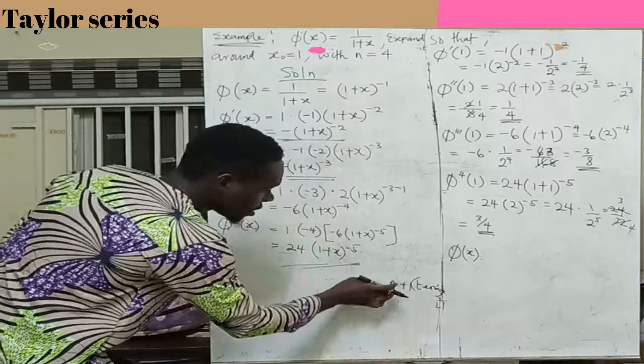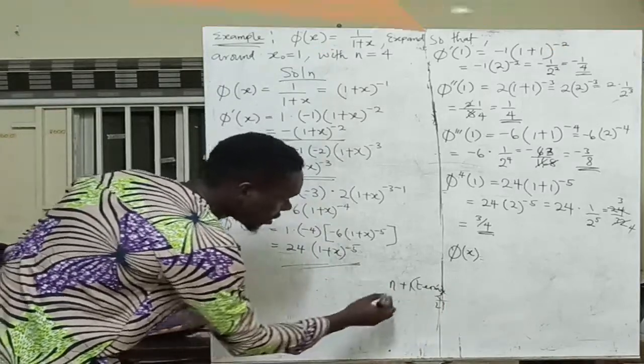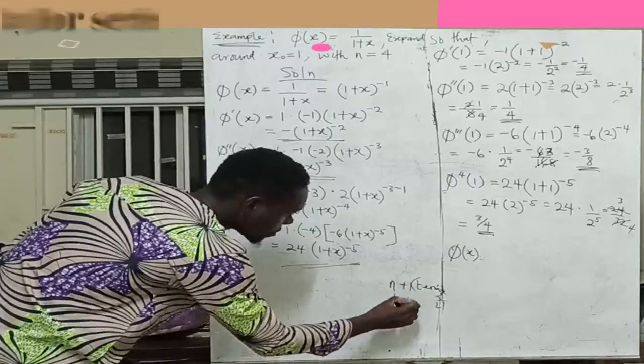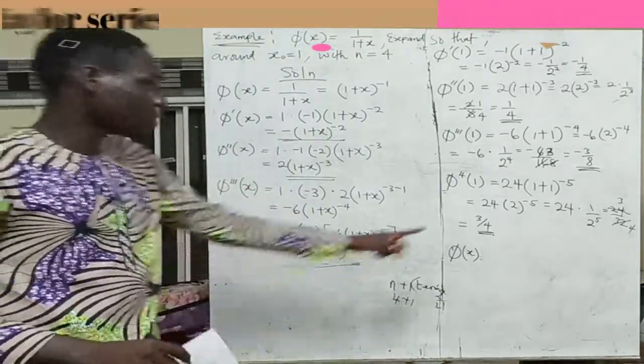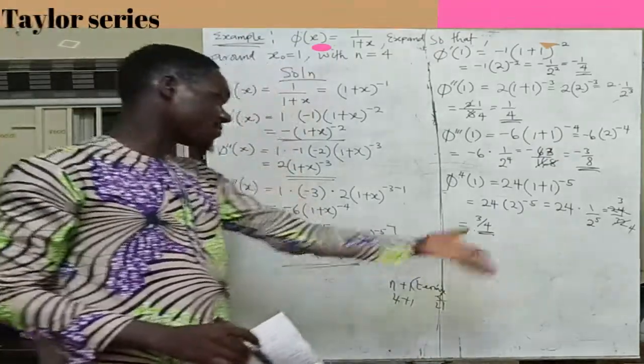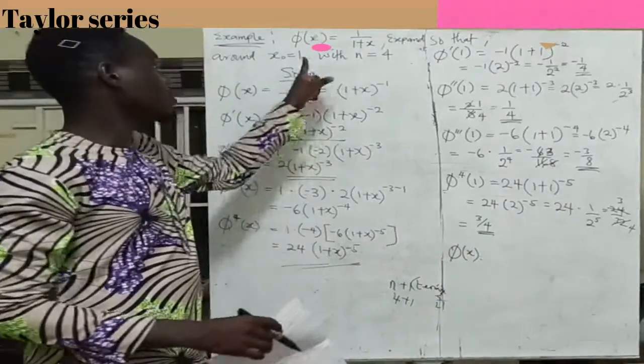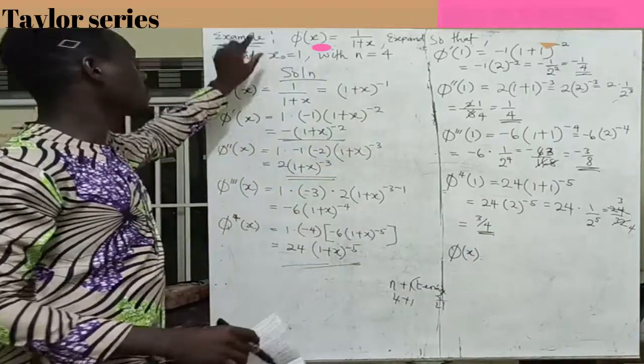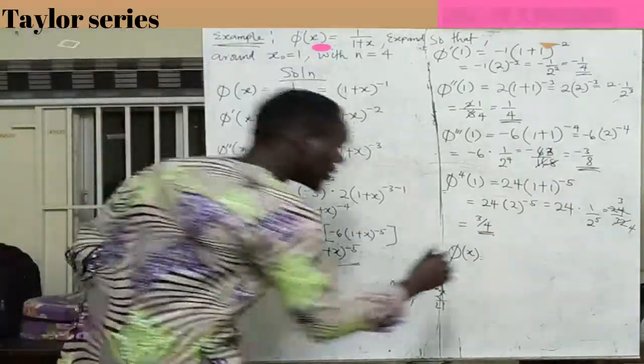Here we are given 4 as n, and 4 plus 1 means that on the right hand side you're going to have 5 terms. That means aside from the 4 derivatives we have here, we're also going to have the original function itself.